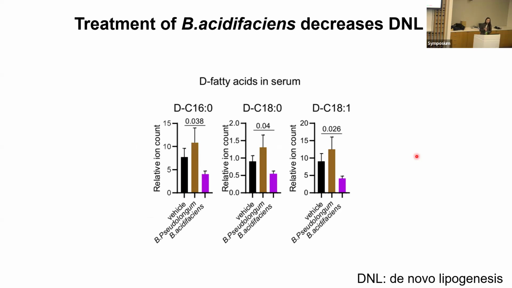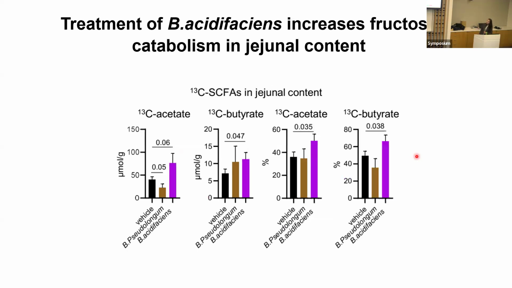First, we found that treatment with BA bacteria decreased lipid synthesis, but we didn't see the same effect with BP bacteria. And also, labeled short-chain fatty acid was increased by BA bacteria, but not by BP bacteria.